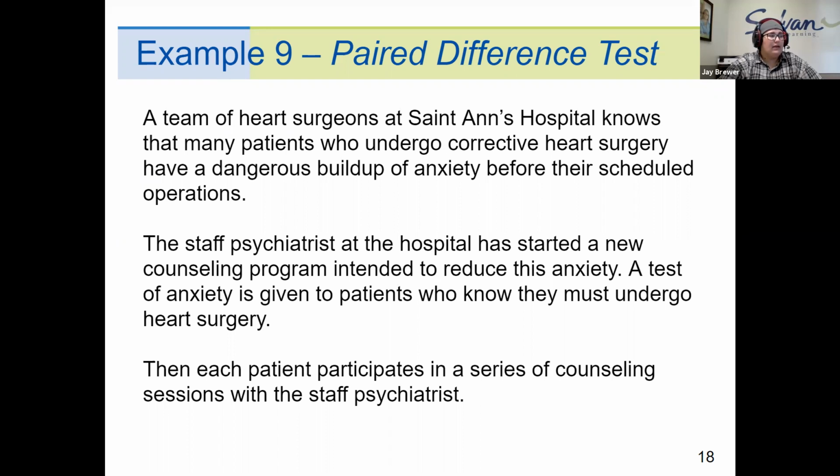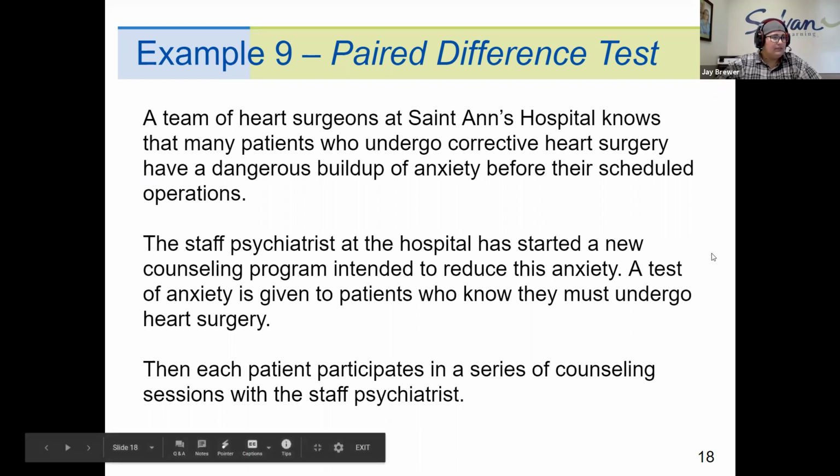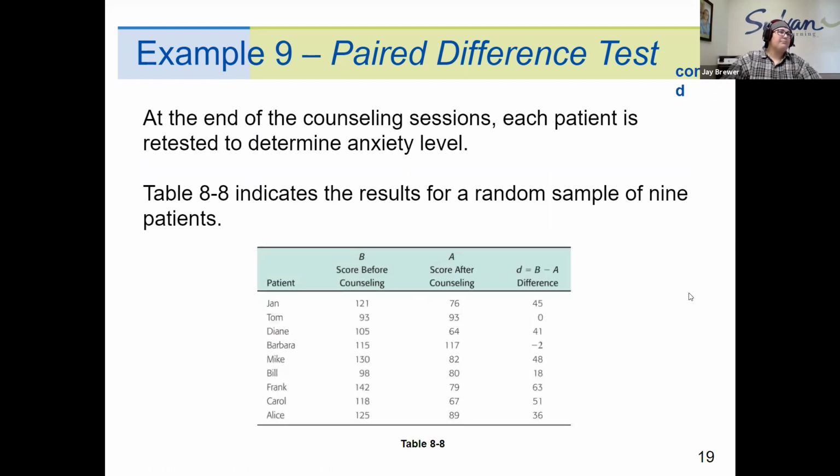A test of anxiety is given to patients who know they must undergo heart surgery. Then each patient participates in a series of counseling sessions with the staff psychiatrist. At the end of the counseling sessions, each patient is retested to determine anxiety level. Table 8.8 indicates the results for a random sample of 9 patients.